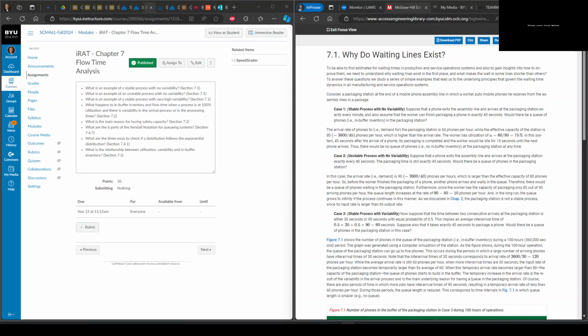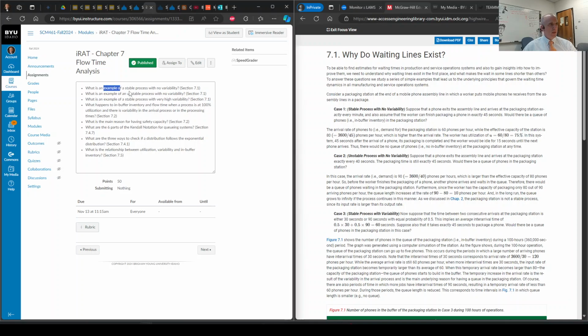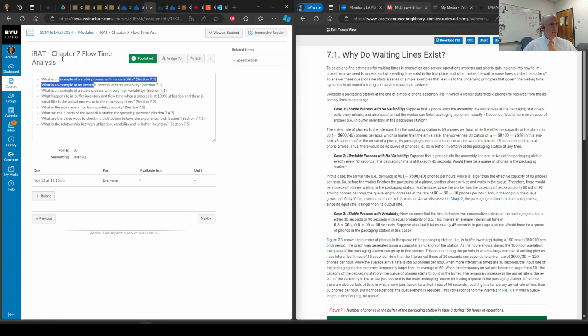Okay, I'm going to do a short video on this idea of preparing for Chapter 7, IRATs and TRATs. The first few questions here deal with examples of a stable process.